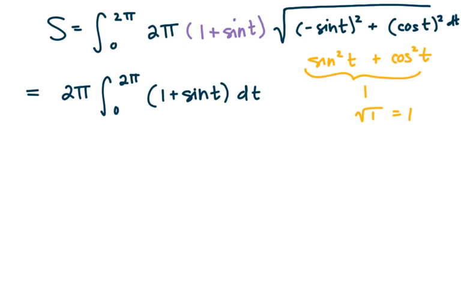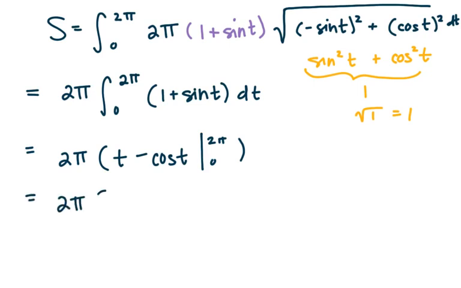At this point, the integration is very simple. I've got 2 pi. The integral of 1 becomes t, and the integral of sine becomes negative cosine t. We are determining that value from 0 to 2 pi. When I plug 2 pi in, I've got 2 pi minus the cosine of 2 pi.